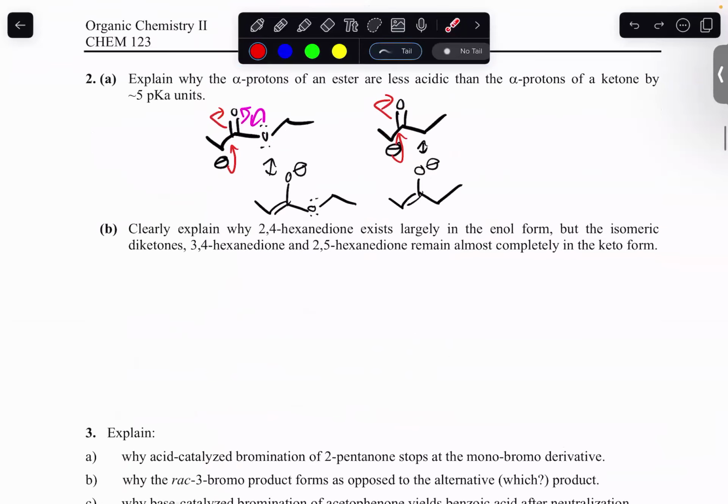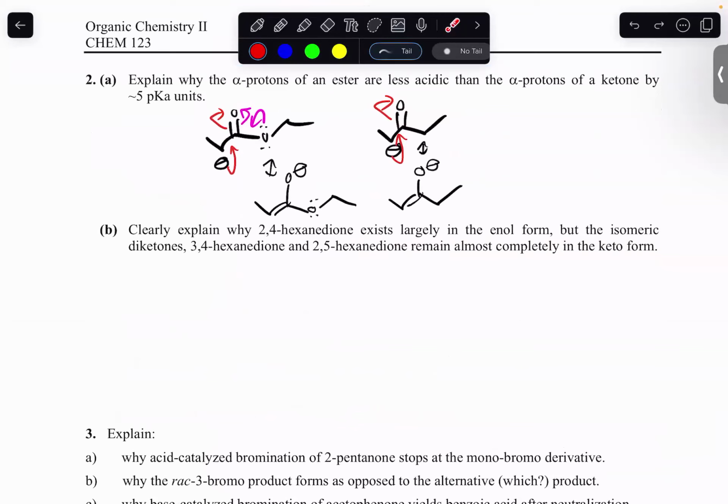And then for B, I put the 2,4-hexanedione. The enol form is more stable because it forms a hydrogen bond and it's also conjugated. That's right. Because when we deprotonate that, we're going to have a negative charge.